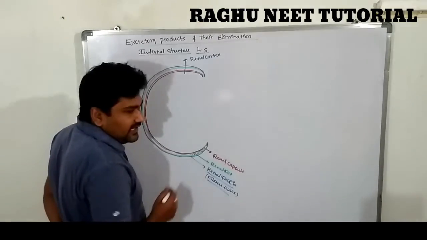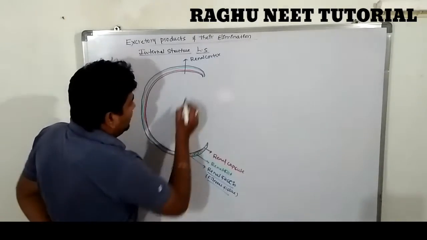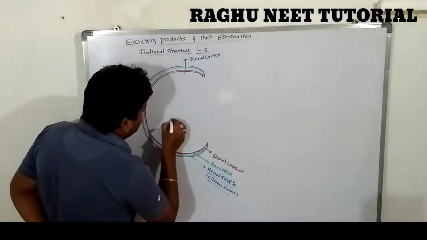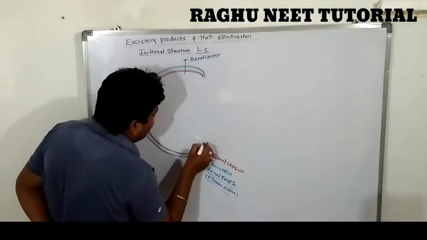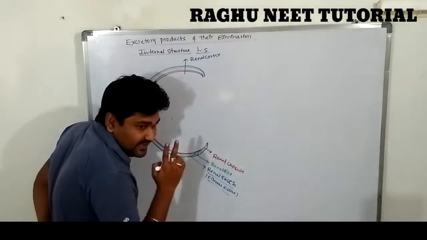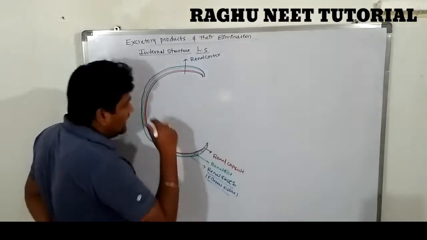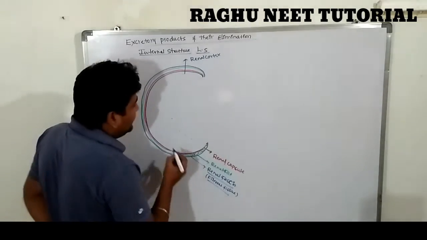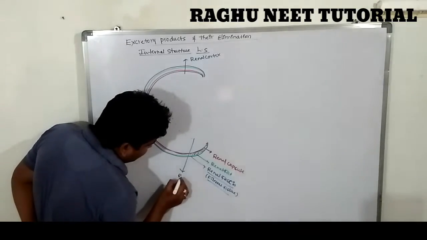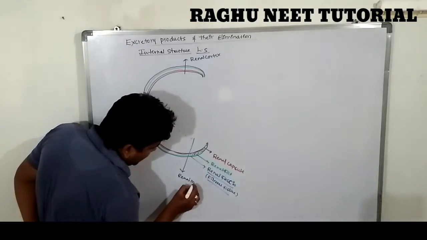The inner zone, the inner surface of the kidney, is known as the renal medulla.